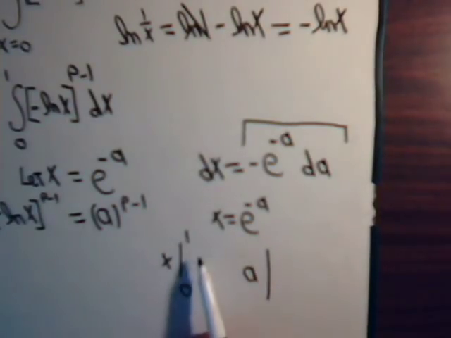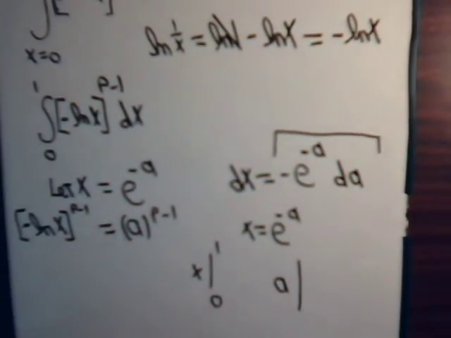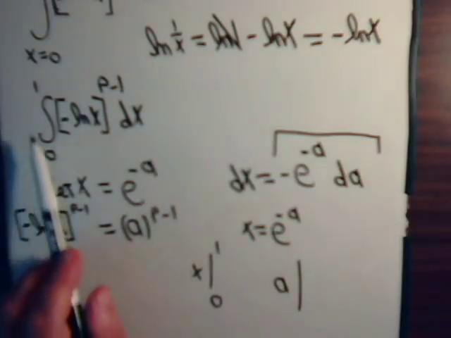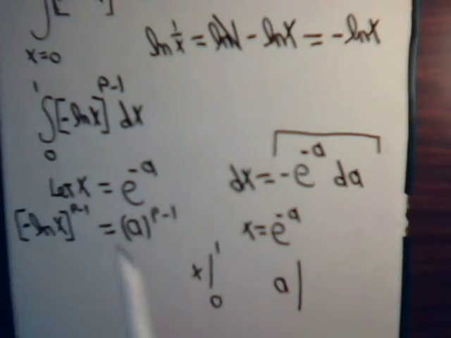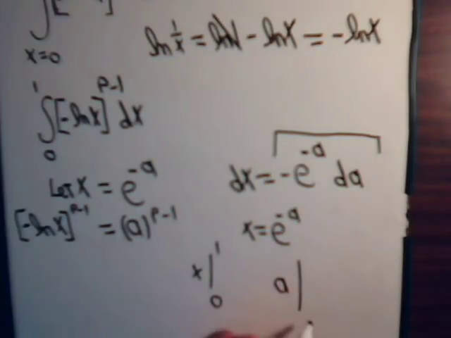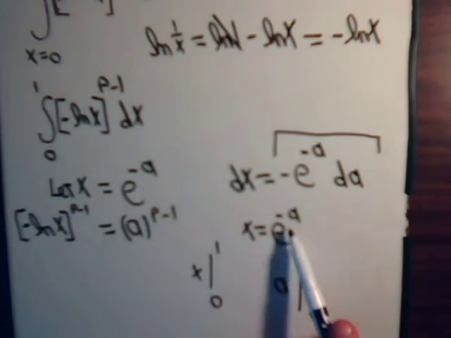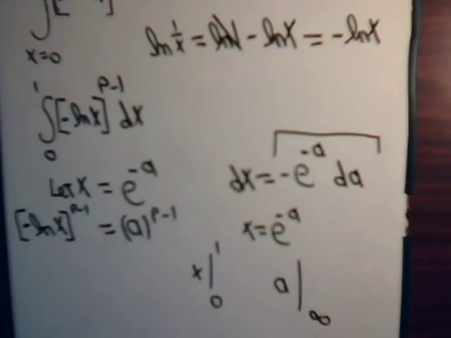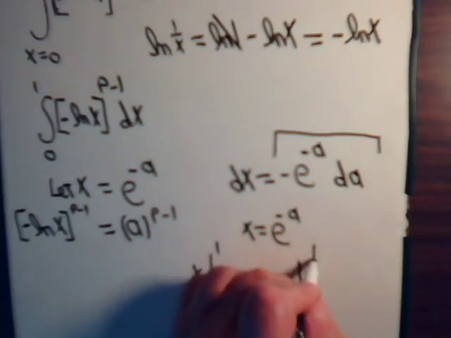These are our limits here when the variable inside the integral is x. If x is 0, a would have to be infinity. That would be then 1 over e to the infinity, which would be 0. And if x is 1, a would have to be 0. E to the 0 is 1.